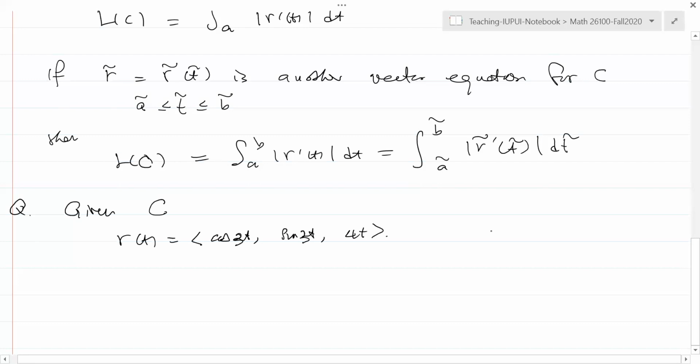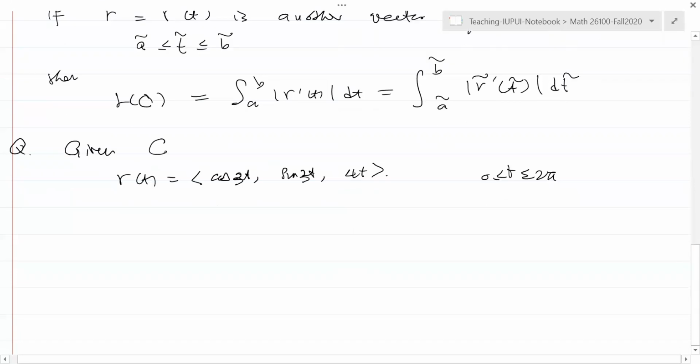So t is between 0 and 2 pi. So the curve is going to be like that.